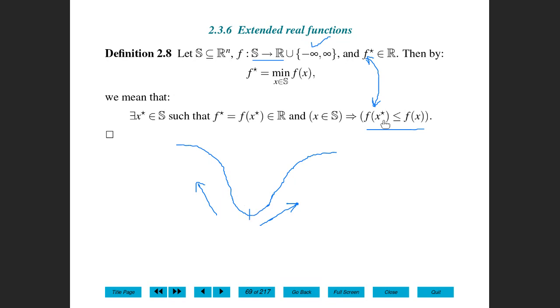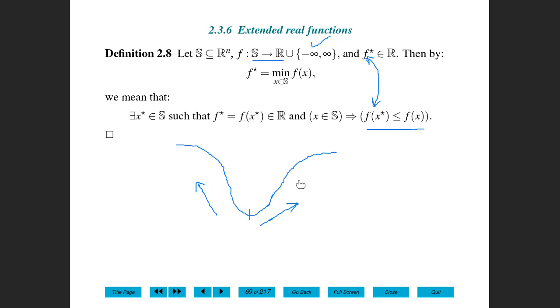So this will exactly satisfy this inequality: f of x star will be less than f of x. So the function value at x star, which is the minimizer, is the minimum.